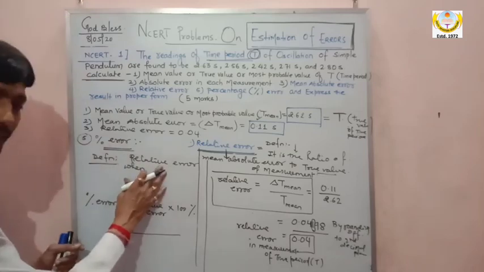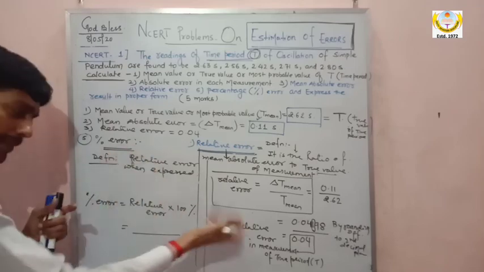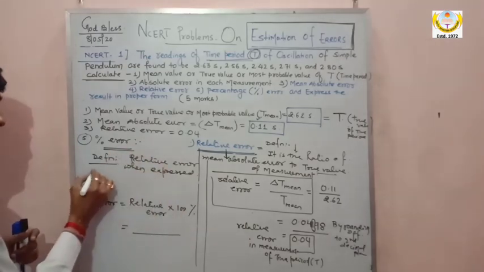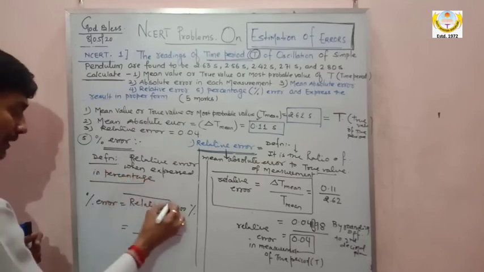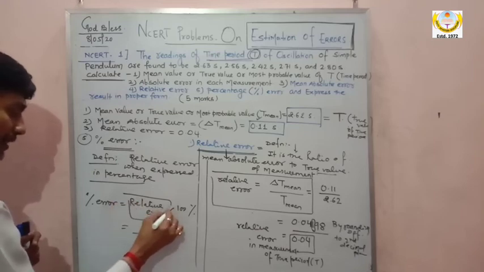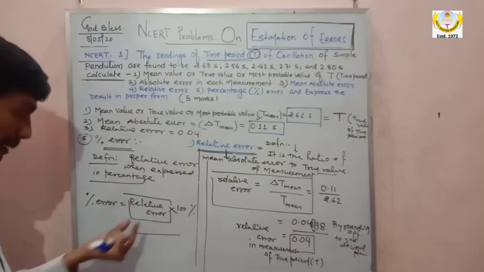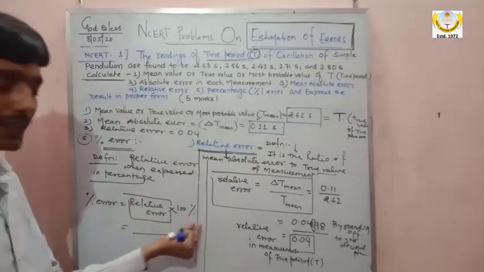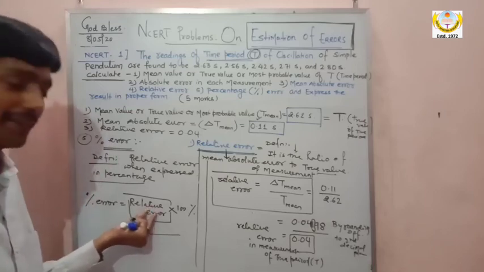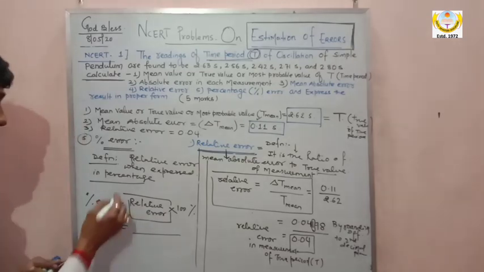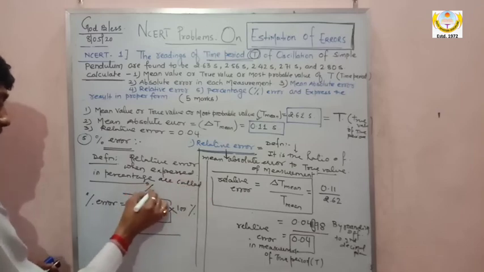So relative error when expressed in percentage: by multiplying the relative error with 100%, I express the relative error in percentage. When expressed in percentage, it is called percentage error.